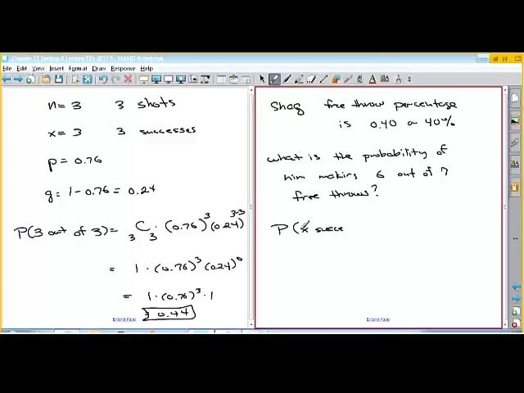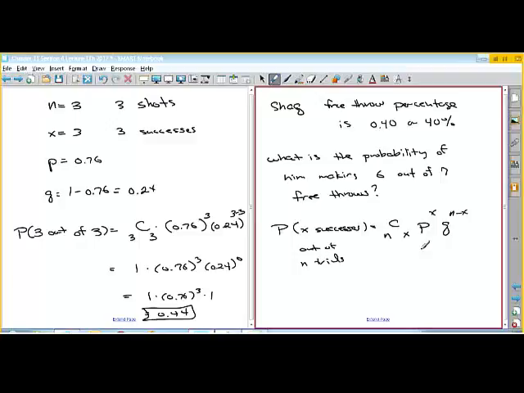So remember, the formula is: the probability of X successes out of N trials is equal to N things taken X at a time, times the probability of success raised to the X power, times the probability of failure to the N minus X power.